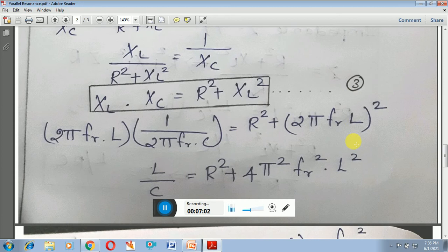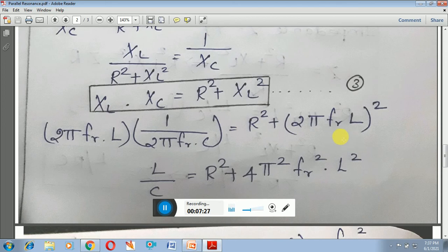Then substitute the values of XL and XC here. You know that XL can be written as 2 pi fr into L. Similarly XC can be written as 1 by 2 pi fr into C, is equal to R squared plus XL squared, where XL is 2 pi fr into L, the whole squared. Here fr represents your resonance frequency.